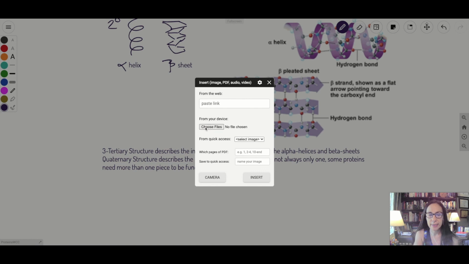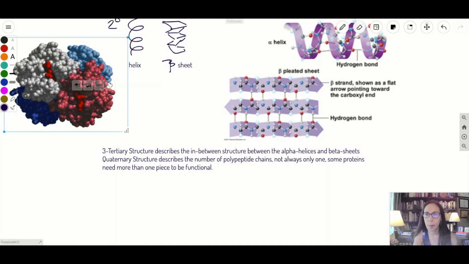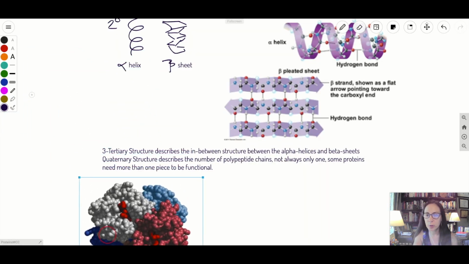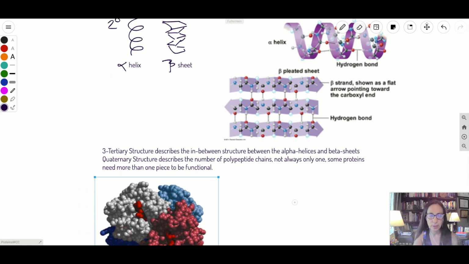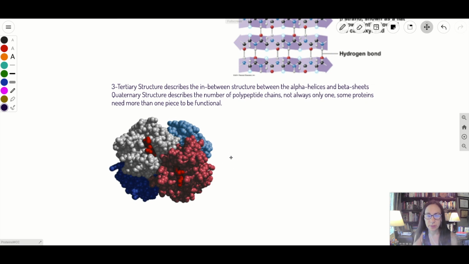The example protein that I have is hemoglobin. That's another protein. Hemoglobin is a protein that you make in your cells, and it is inside your red blood cells. Let me write this down. Hemoglobin is inside red blood cells.